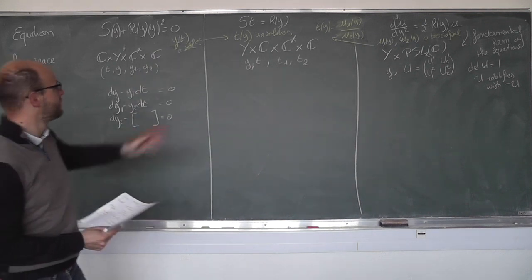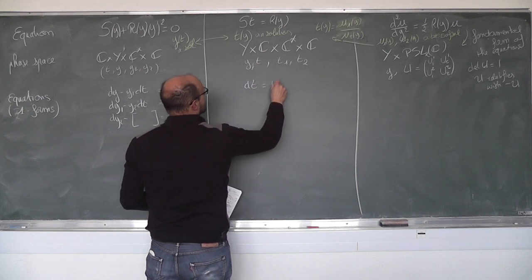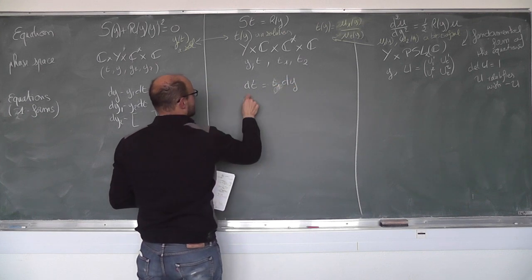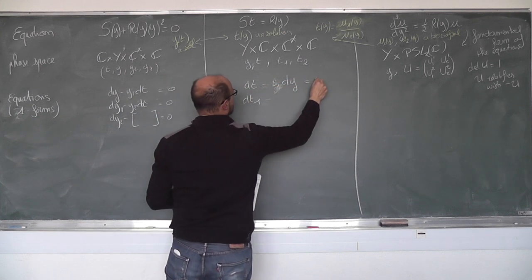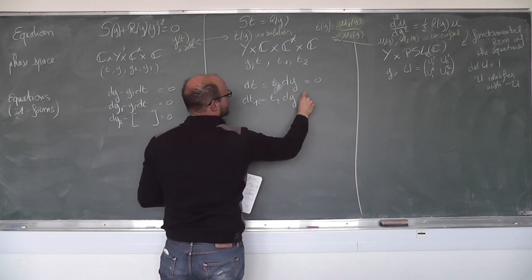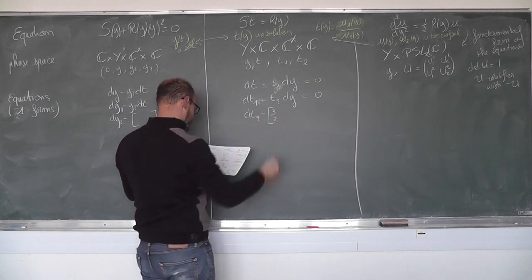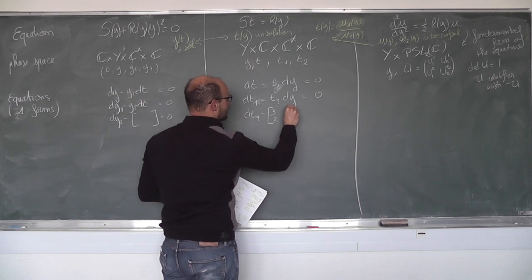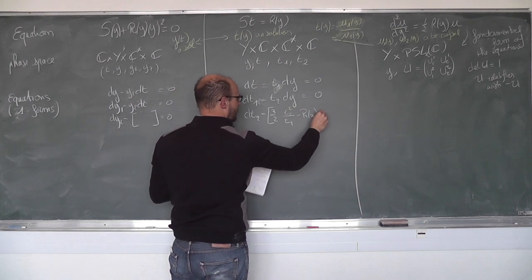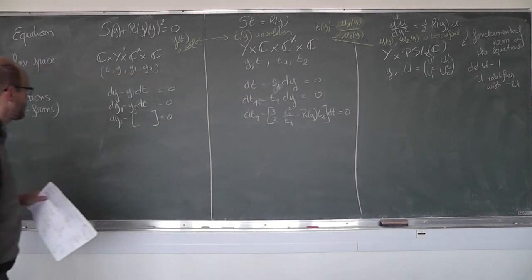This equation on this phase space has quite the same formulation: dt1 minus t2 dy is equal to 0, and dt2 minus 3/2 of t2 squared over t1 minus r of y t1 is equal to 0.